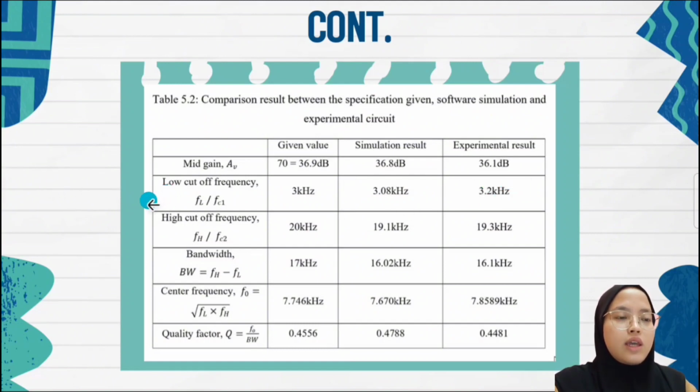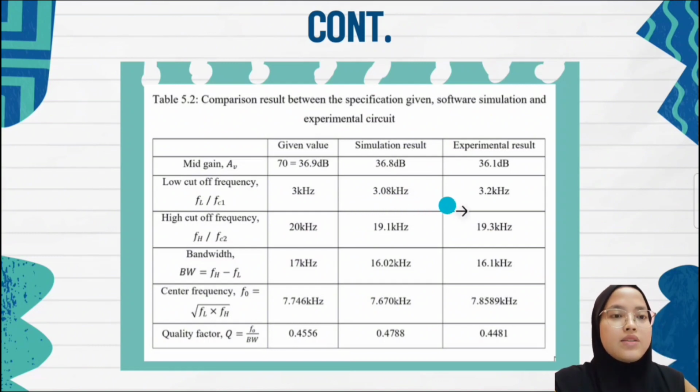Next, let's take a look at the low cutoff frequency. The theoretical or given value of the low cutoff frequency is 3 kHz. For the simulation, we get a low cutoff frequency of 3.08 kilohertz.